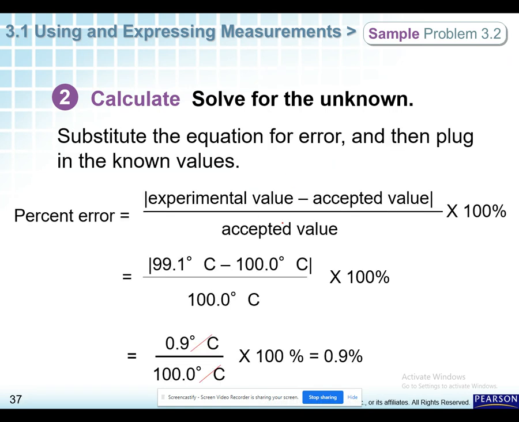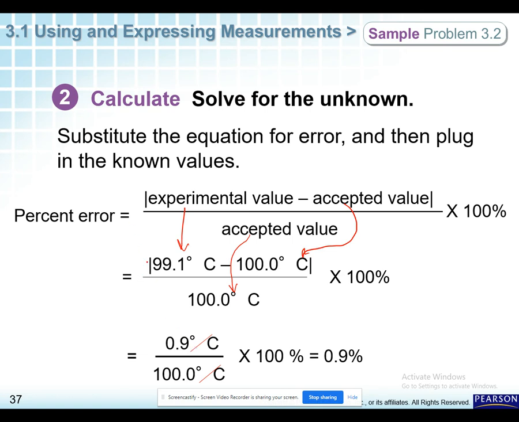Then what we do is substitute what we know and plug it into the equation. We know that our experimental value was 99.1 degrees Celsius, and our accepted value was 100. You plug in the accepted value below, and then you multiply by 100. So if I take 99.1 minus 100, I get negative 0.9.